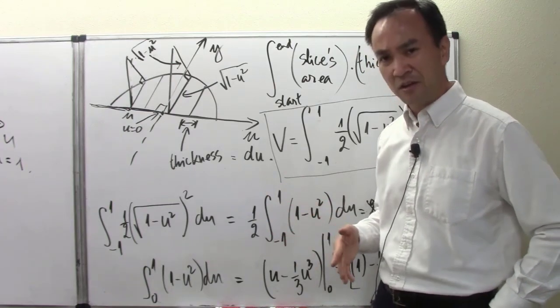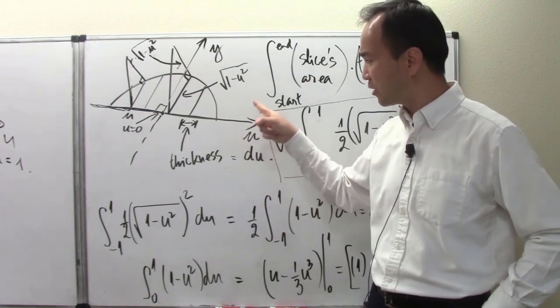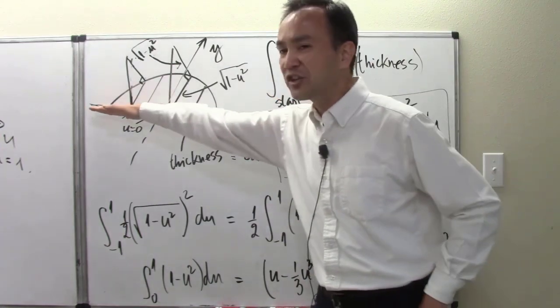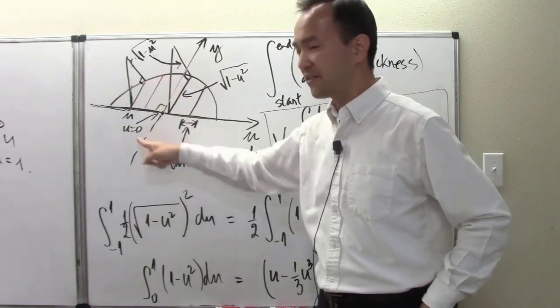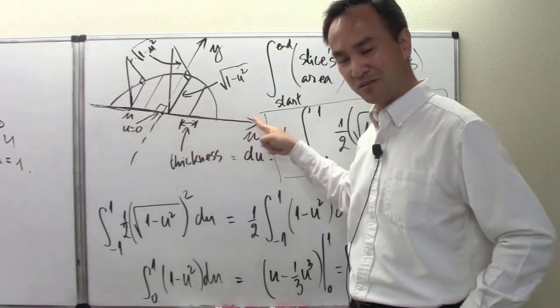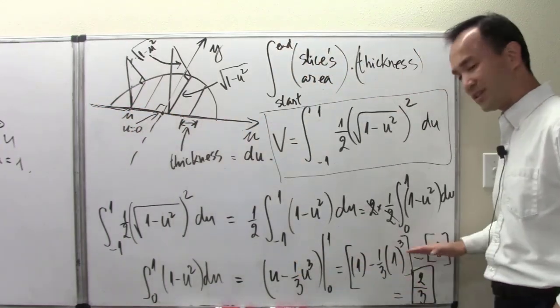You can call it the y-axis, the u-axis, the x-axis, the t-axis, whatever, but it's a major axis where all of our variables eventually become just one variable expressed in terms of whatever axis we placed there. And that's how we come up with this final answer.